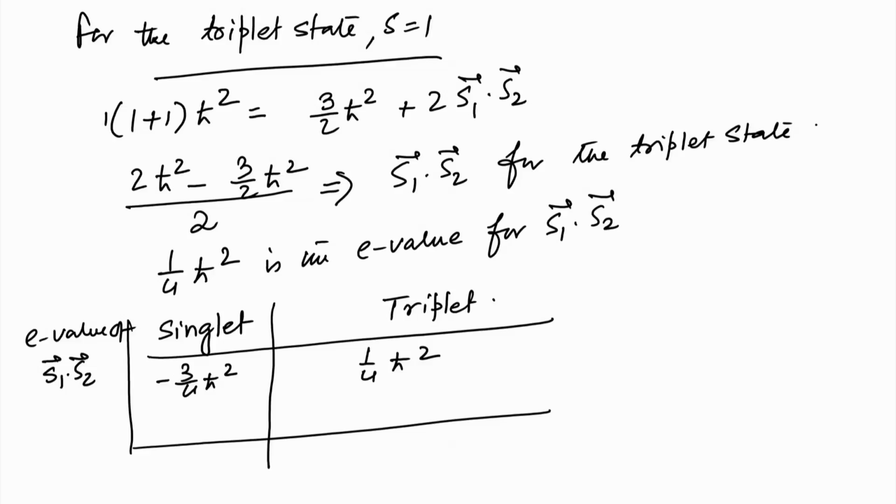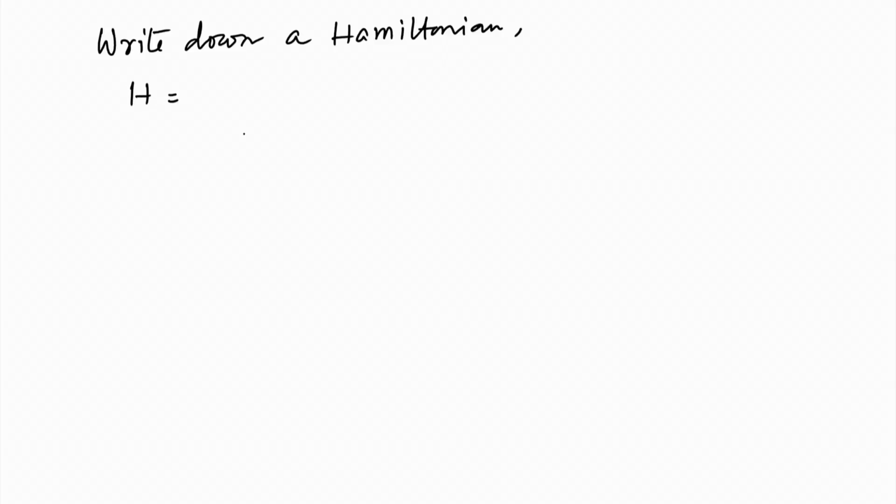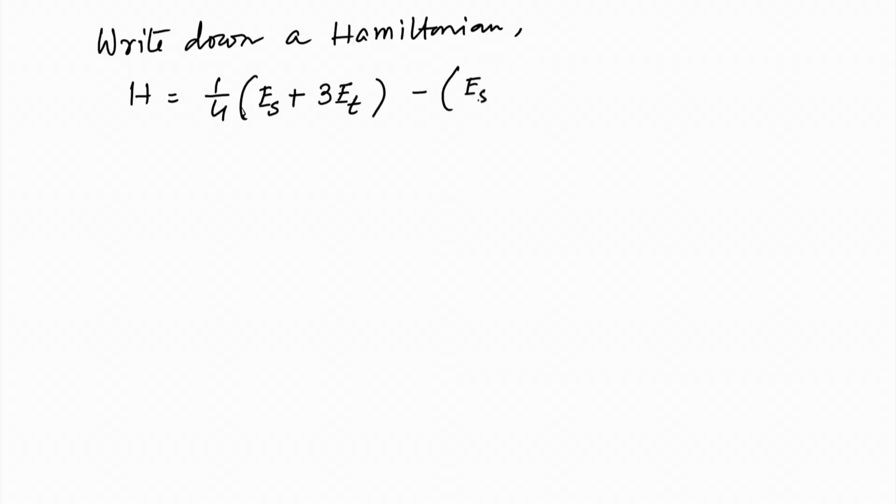Now, if we write down a Hamiltonian, H equal to 1/4 (E s plus 3 E t), I will tell you what these are, plus (E s minus E t) S 1 dot S 2.